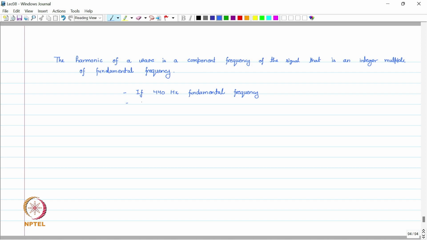Then the second harmonic will be 2f, or 2 times f. This is, let's say, 1 times f, which is 440. So this is 440 multiplied by 2, 880 hertz. This is called the second harmonic, or sometimes we call it the first overtone.